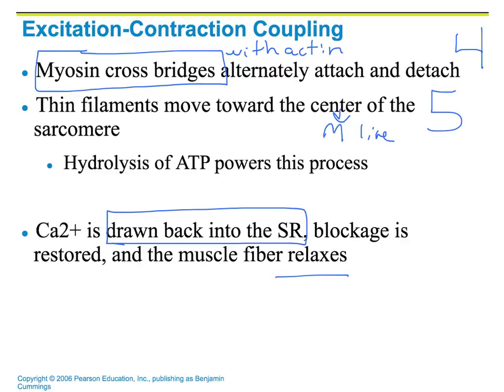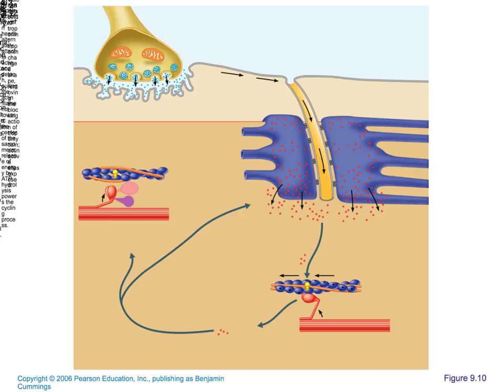We spent a little bit talking about how ATP works in this process. This is a visual where the text didn't come out, but maybe that's better. Here's your nerve. Here's your action potential traveling along the muscle cell membrane.